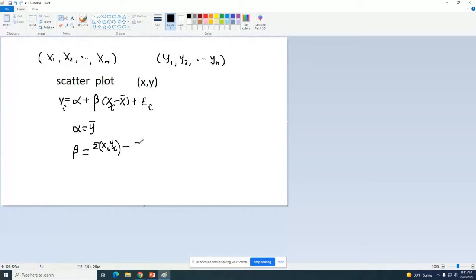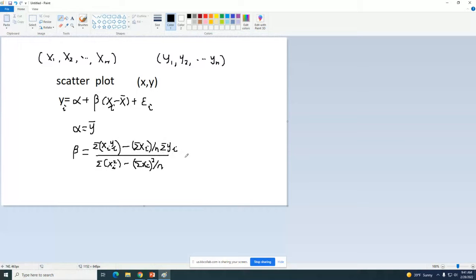Minus the summation of Xi, which is this divided by n, which is really the X bar times the summation of Yi. This is divided by the summation of Xi squared minus the summation of Xi squared over n.